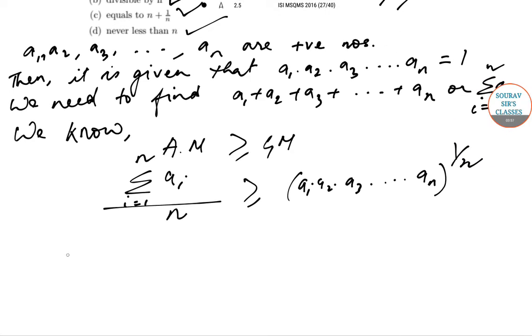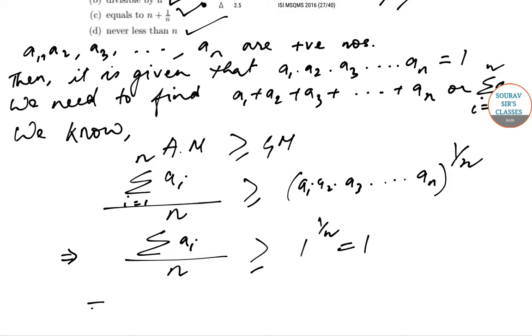So this implies that summation of ai by n is greater than or equal to 1 to the power 1 by n, which is equal to 1. This implies that summation of ai is greater than or equal to n.